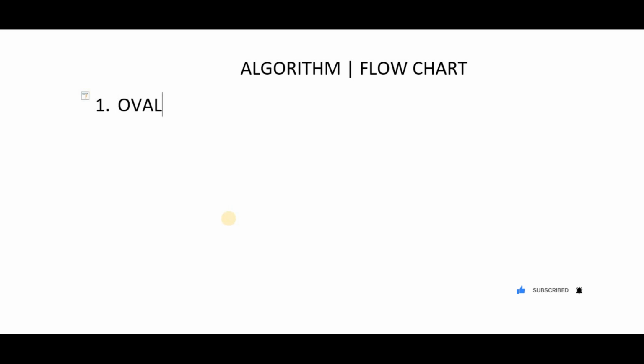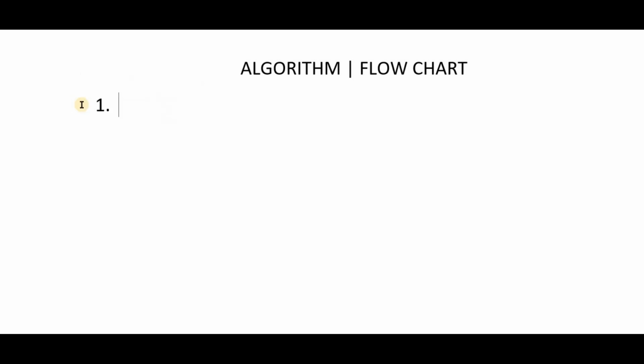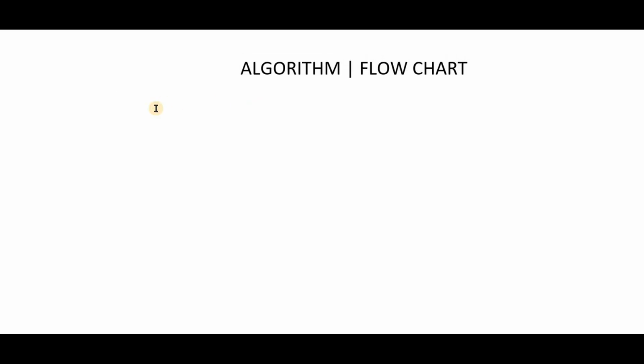You have the oval, you have the rectangle, you have various shapes, you have the arrow, we have the diamond symbol, and a lot. So basically we have a lot of symbols that we can use to represent flowcharts. We are going to illustrate the addition of 2 numbers using a flowchart.